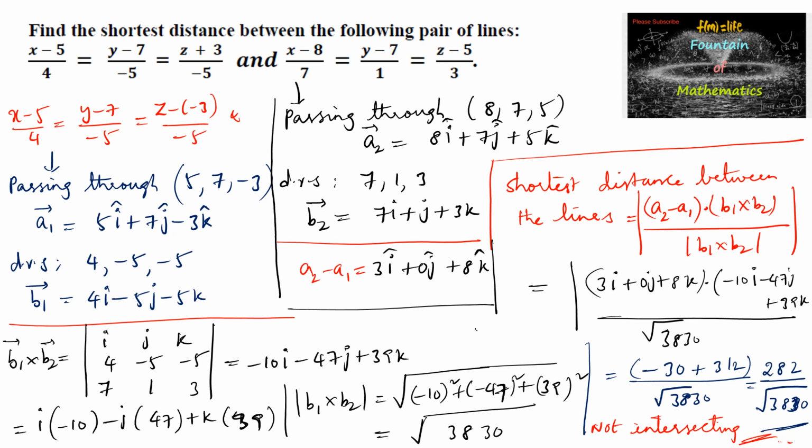Therefore the shortest distance between these lines is equal to a2 minus a1, which is 3i plus 0j plus 8k, dot b1 cross b2, which is minus 10i minus 47j plus 39k, divided by root of 3830. After further simplification we get it.